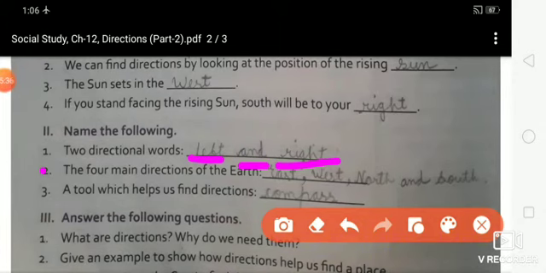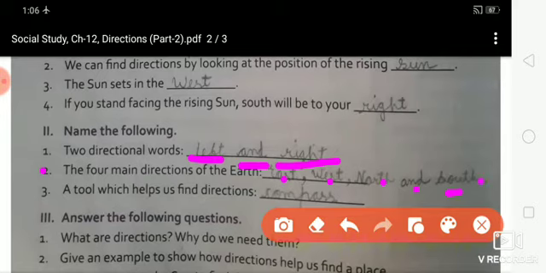Second one: the four main directions of the earth. Do you know, students? Four main directions: east, west, north and south. E-A-S-T east, W-E-S-T west, N-O-R-T-H north and S-O-U-T-H south.